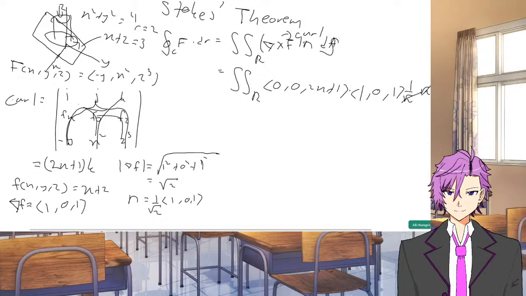So we'll do the dot product. This would be 0, this would be 0, this would be 2x plus 1.